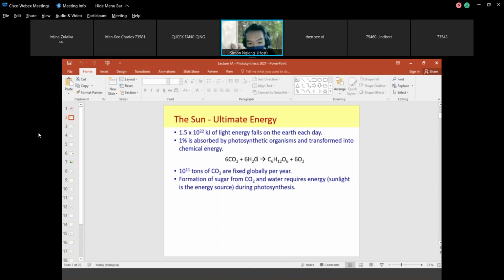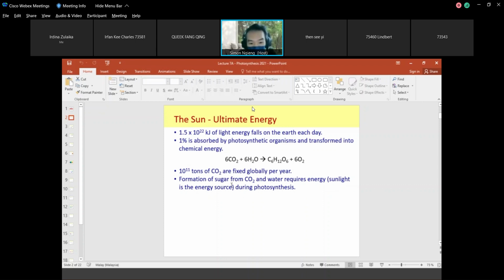If this process is disturbed, then you can imagine the next issue will be the problem of starvation, because this is basically food, glucose. And then of course, without food, there is also depletion of your oxygen.